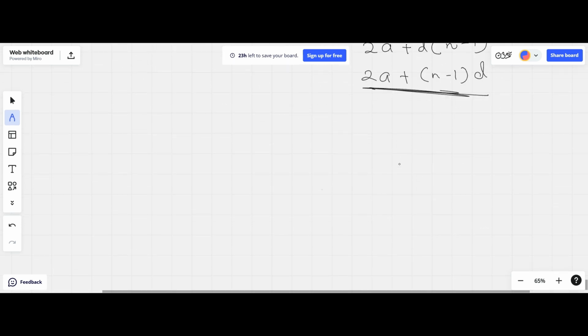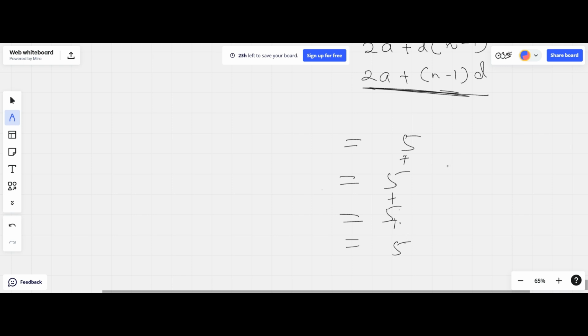Now just think like this. You are adding something and getting 5 here, 5 next, 5 next. Now you have to add all this. So 5 plus 5 is 10, 10 plus 5 is 15, 15 plus 5 is 20.